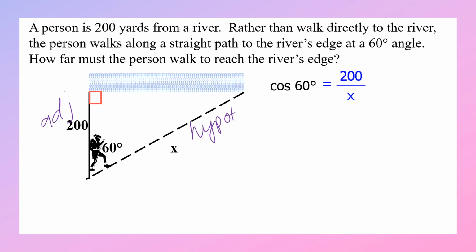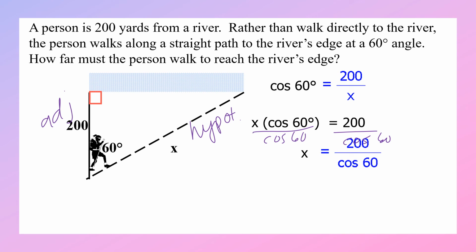We're trying to find the hypotenuse, so that is our variable x. To get x by itself, we first need to get rid of the fraction. So multiply both sides by x, and then divide both sides by cosine of 60. And you get x is 400 yards.